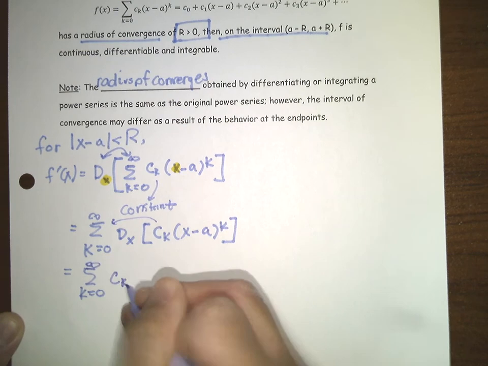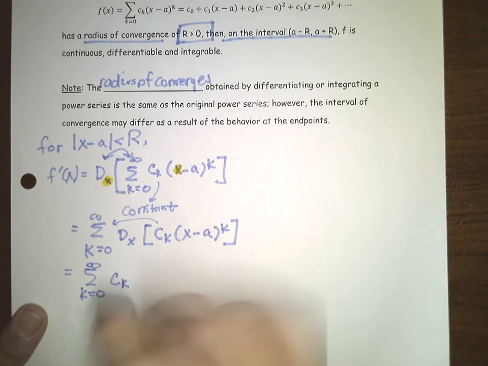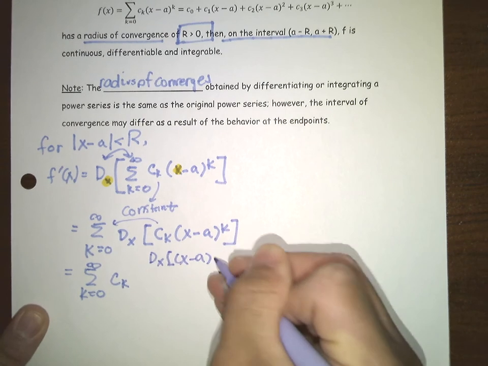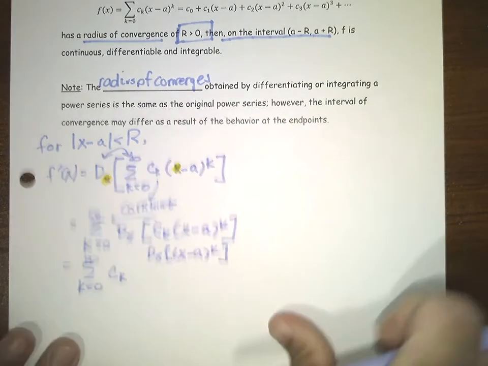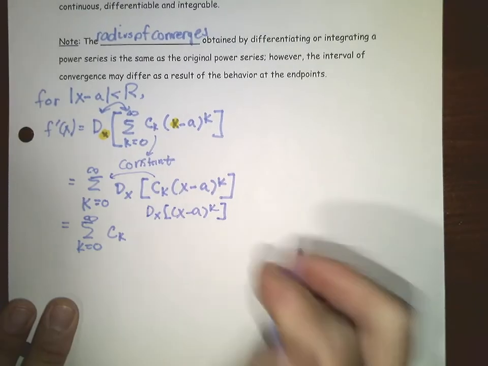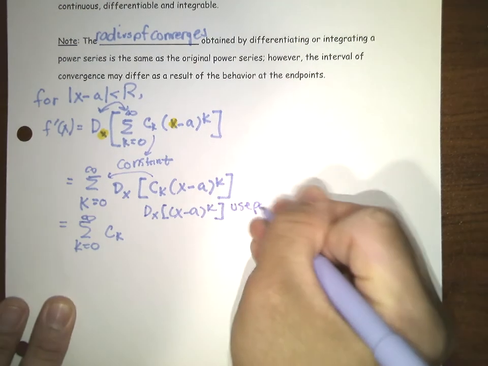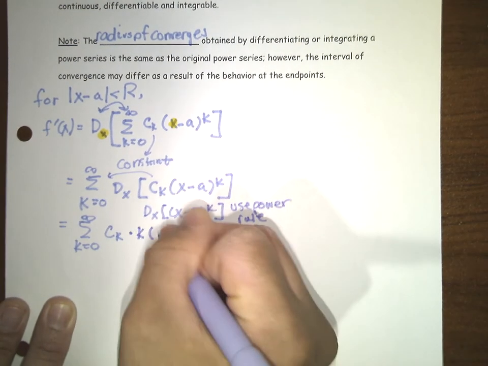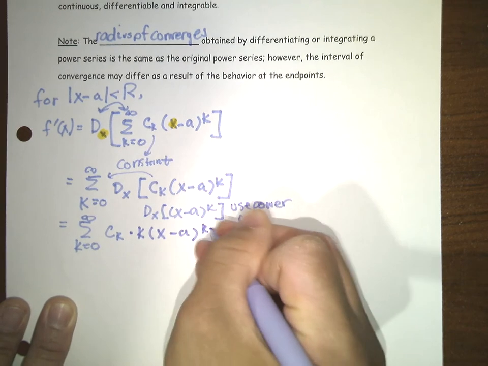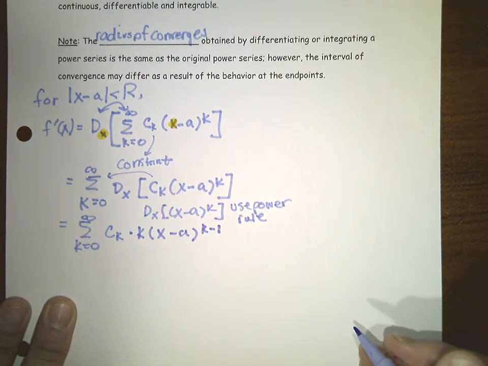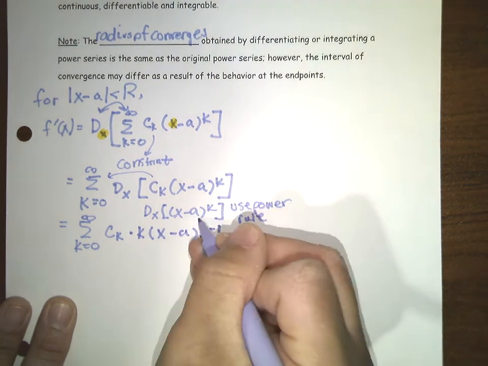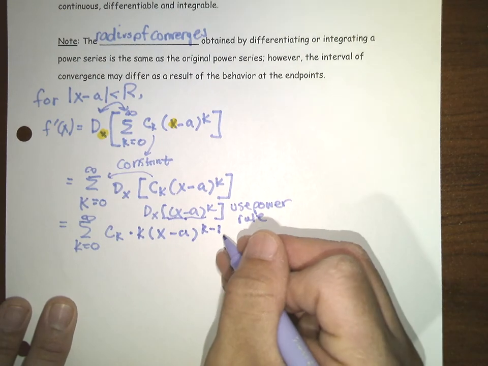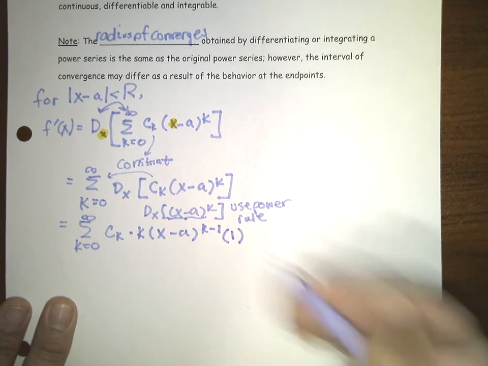So ck, and then I need the derivative with respect to x of (x minus a) to the k. I'm going to use the power rule, so I have k times (x minus a) to the k minus 1, and then I need the derivative of the x minus a. So don't forget to use the chain rule, and the derivative of x minus a is 1.